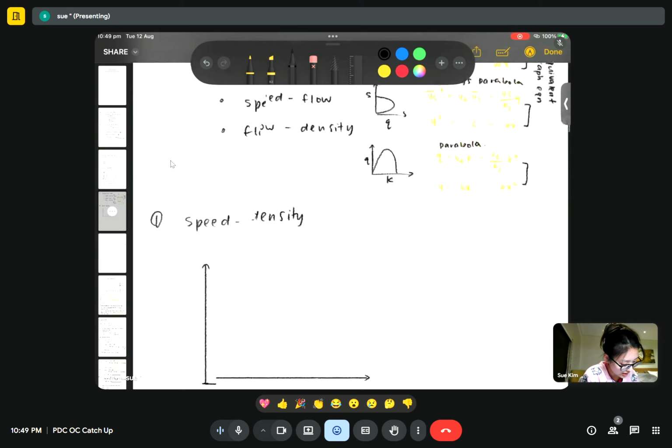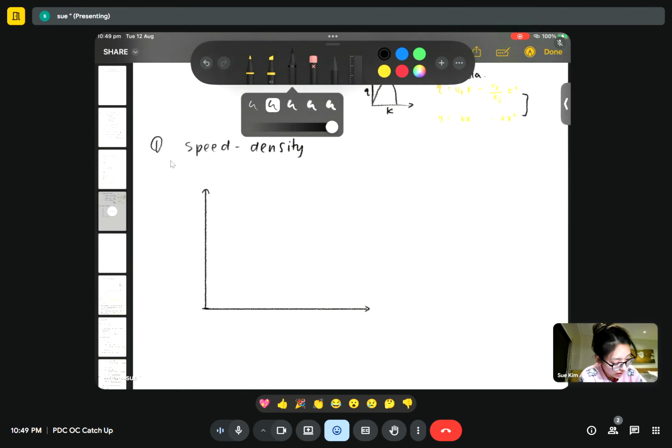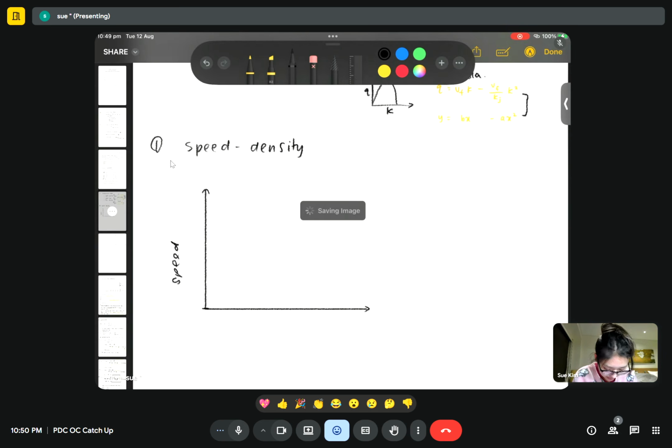So firstly, let's try and sketch the speed density graph, right? That should be speed on the y-axis and density on the x-axis. Since this is a line with negative gradient, I'm basically just going to treat this as a line with equation y equals mx plus c.